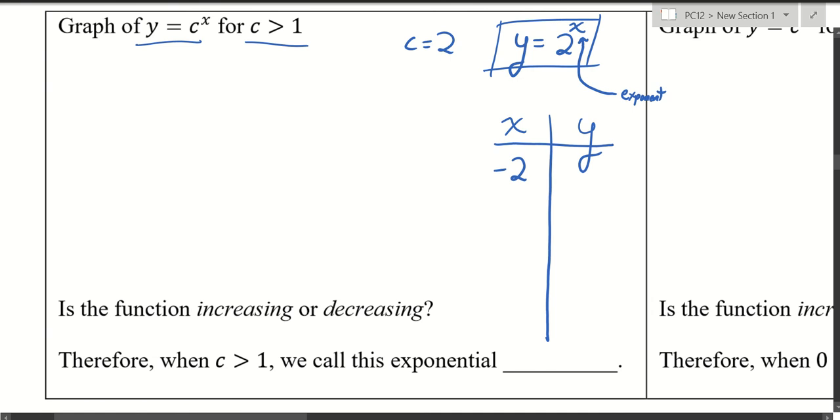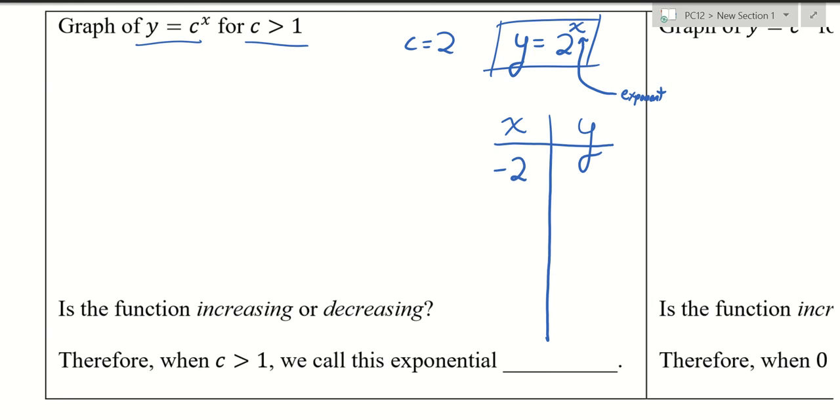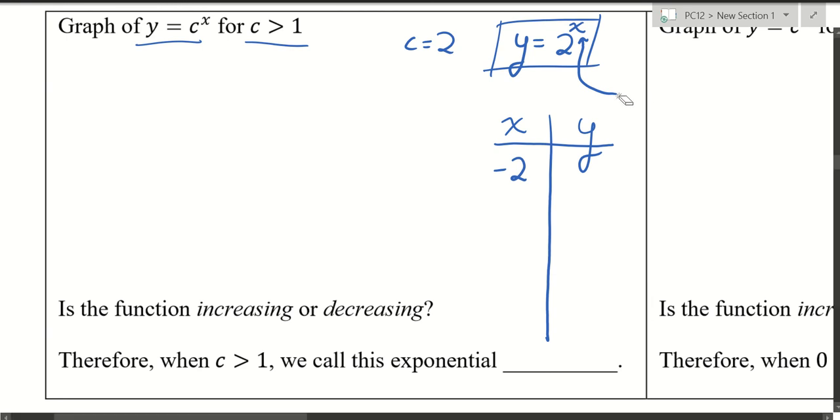This will give us different behavior than something like a polynomial function or a trigonometric function. It is unique to exponentials. Now, if we plug negative 2 in, what will that give us as an output? Well, that will give us base 2 to the power of negative 2. We know how to interpret this. This would just be 1 over 2 to the positive 2, which is just 1 over 4.